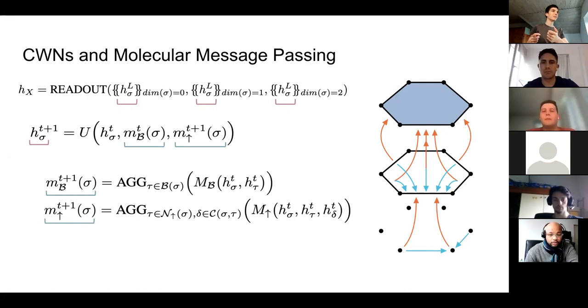So when I'm at a face, a bond or a node, I look at all the features of my upper adjacencies and of my boundary and aggregate those. Then we have the WL test, or the CWL test, without the two unnecessary aggregations, so to say.